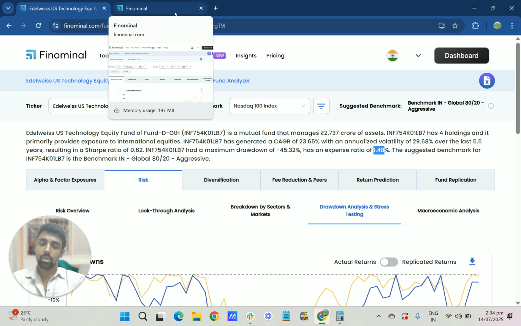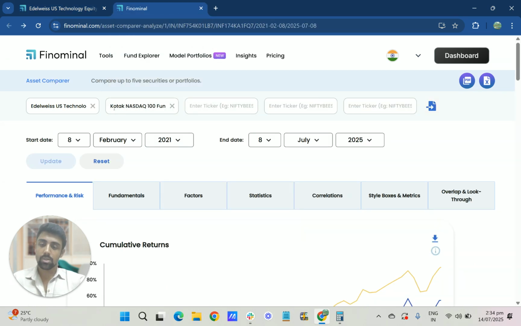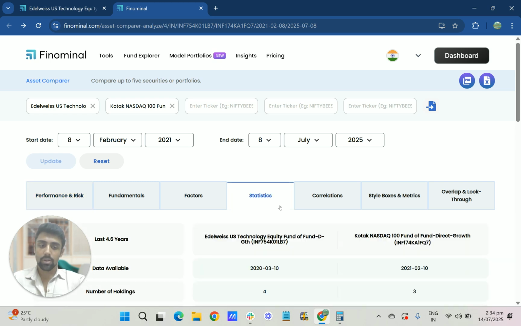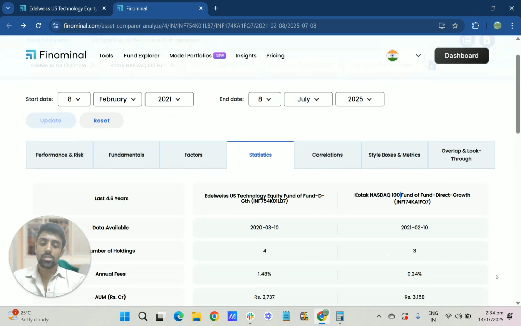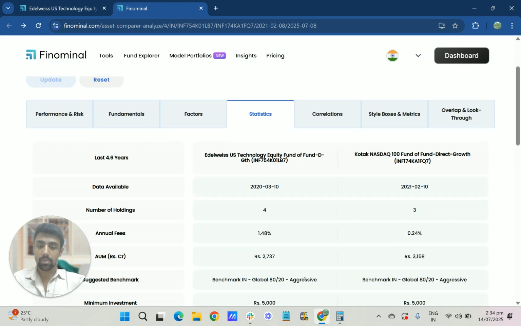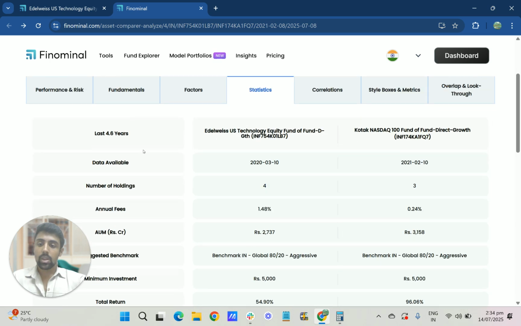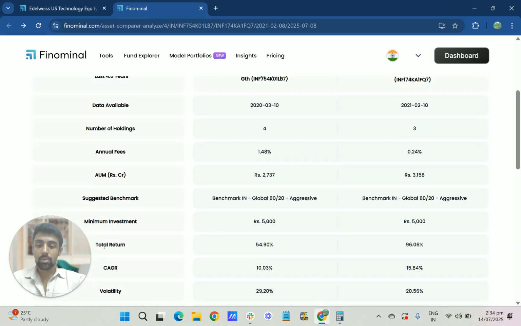So I have picked one of the lowest cost Nasdaq funds trading in India, which is the Kotak Nasdaq 100. Again, it's a fund of funds. It's charging about 0.24% compared to 1.5% here. In terms of total return, there's a big difference.